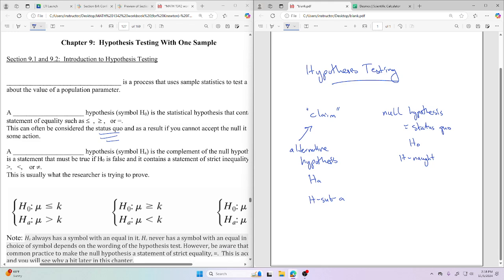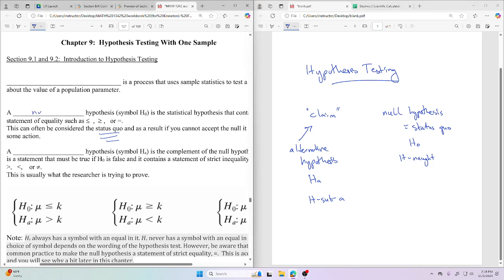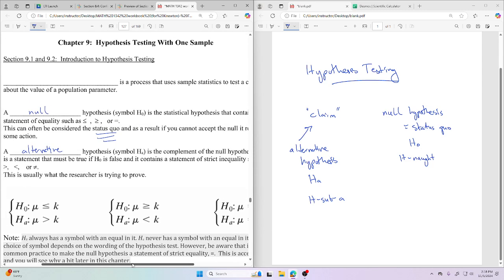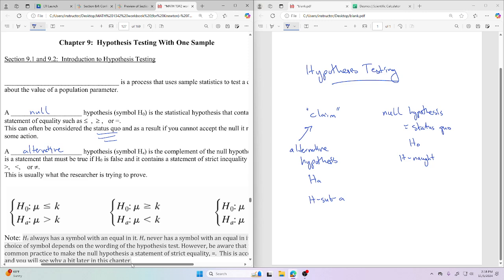Anyways, I don't really know what goes in all these boxes right here. I can tell you that this is the null and this is the alternative. I can at least tell you that much. And so the distinction between them, at least for this class, is whether they have an equal sign or they don't. Notice right here, these are very important.